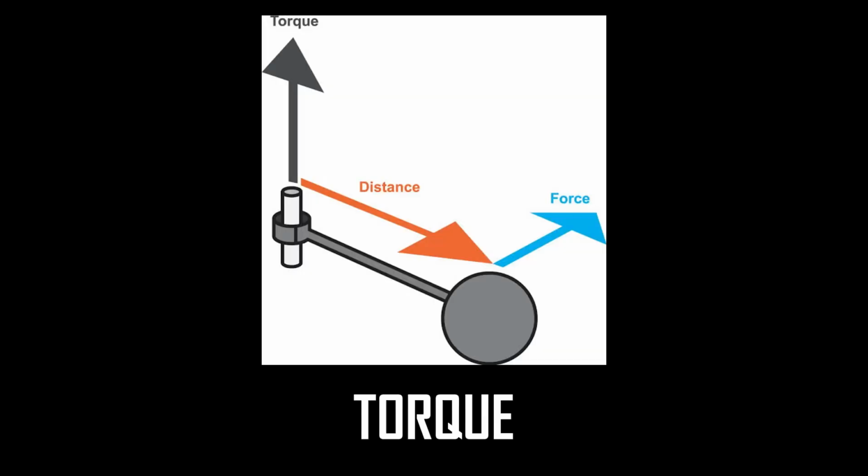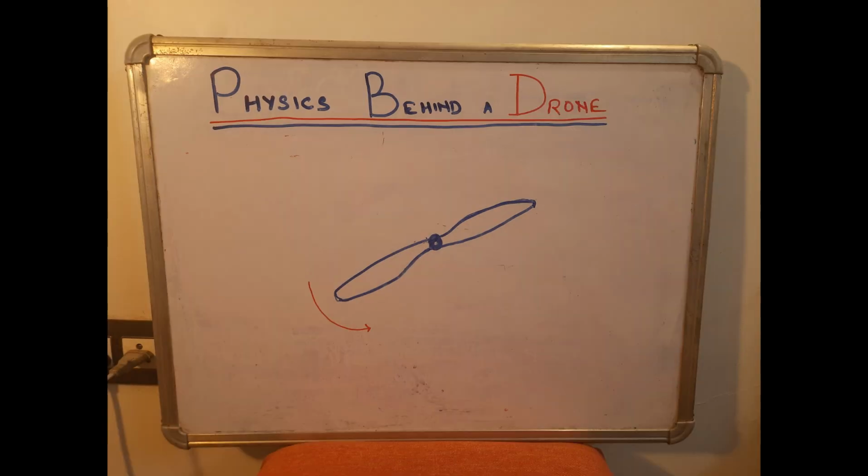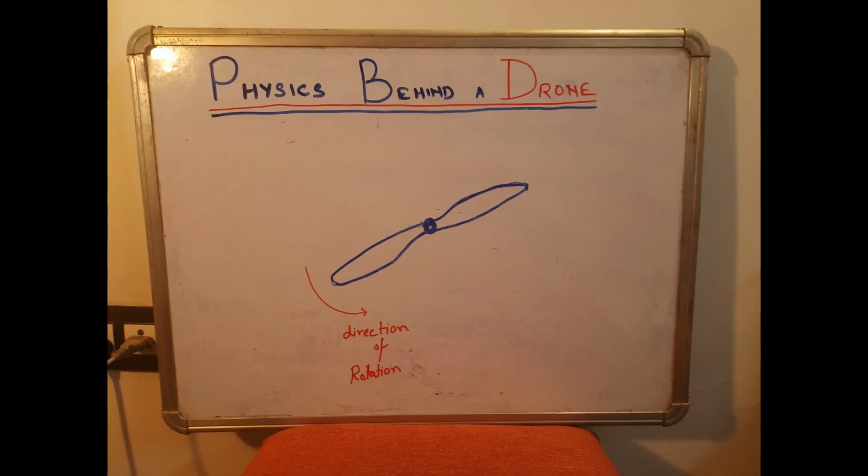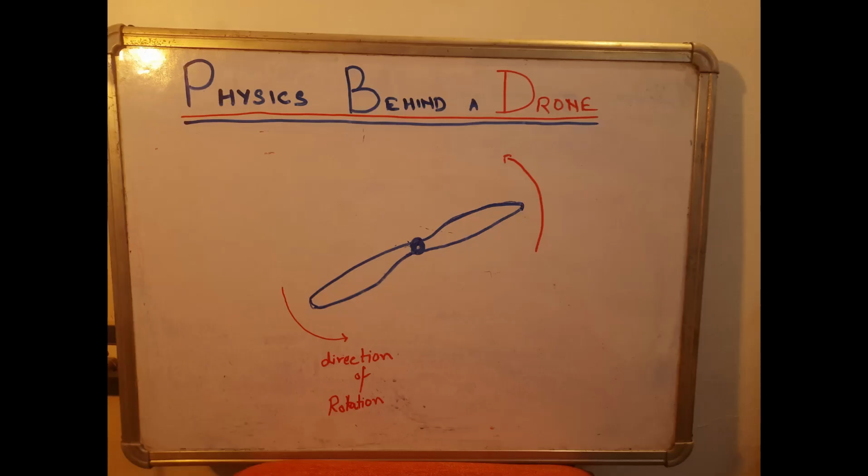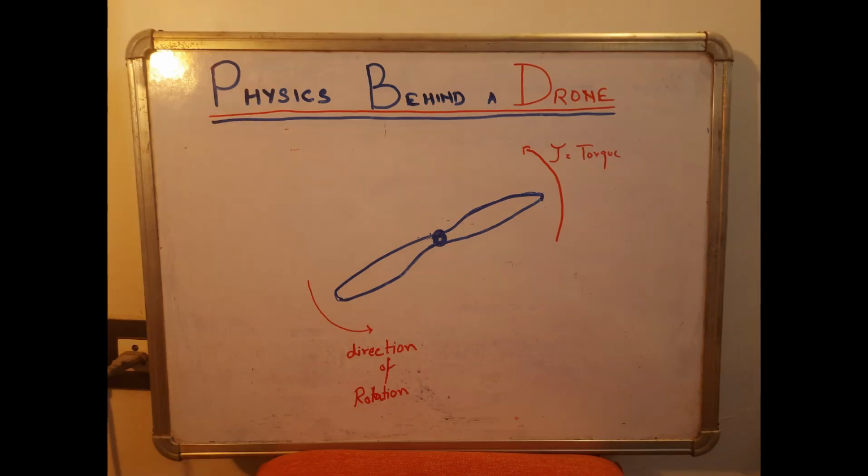Now, to understand the role of torque in this whole equation: torque is basically a rotational force. If you look at a drone motor from above, it's rotating. Say it is rotating clockwise, then by Newton's third law, it would also produce an opposite rotational force on the drone itself.